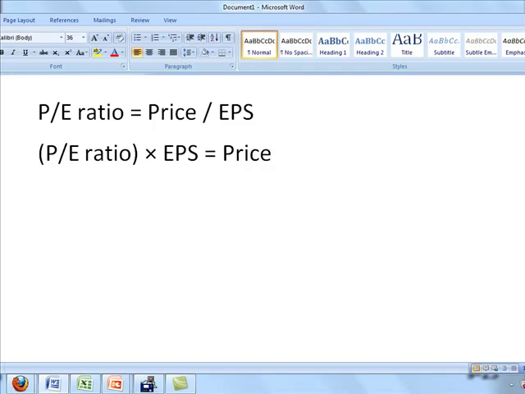Now there are issues that can come up with that. When you're estimating the price earnings ratio, how do you know that the industry average price earnings ratio is appropriate for your particular firm? Well, it may or may not be. And also there are different measures of earnings per share that can be used, and even the best Wall Street analyst will miss that forecast more times than not.